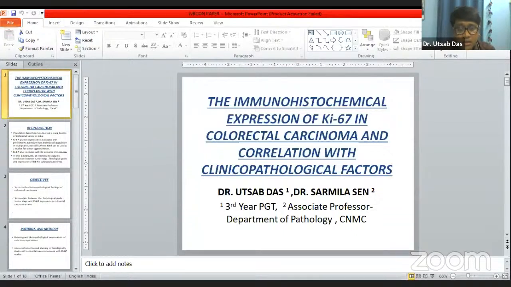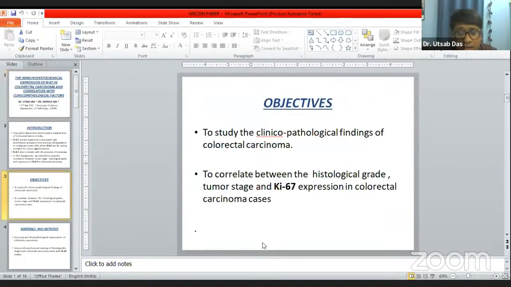Is it visible? Show the slide show. We can't see the slides. I have formatted it as a slide show. Share the whole screen.